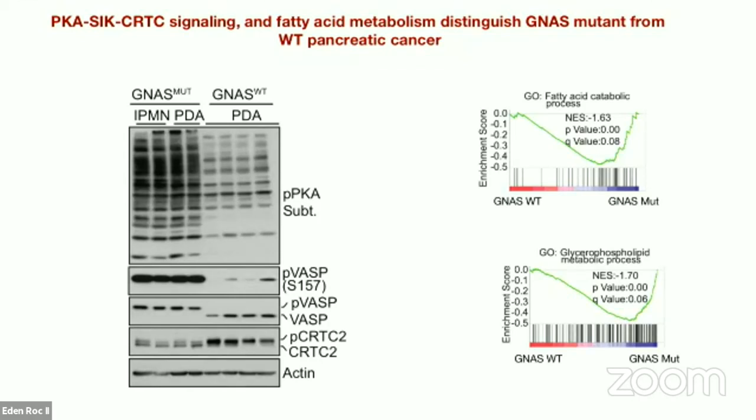So in order to clarify, we compared the pathway we discovered, the PKA-SIK pathway, between GNAS wild type and GNAS mutant organoids. As you can see, it doesn't matter whether it's a low grade or a high grade IPMN, it's always this PKA signaling is high, and SIK signaling is low. And also through proteomics analysis, the metabolic pathway clearly distinguishes GNAS wild type from GNAS mutant tumors.